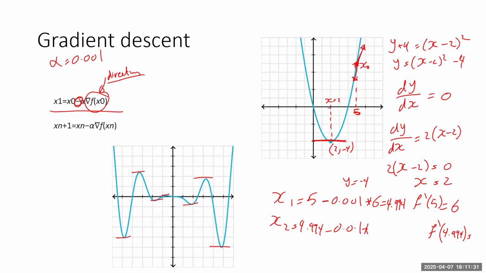4.994 minus 2 times 2, which equals 5.99 almost. It's 5.988. So 1 point times this, plus 4.99.